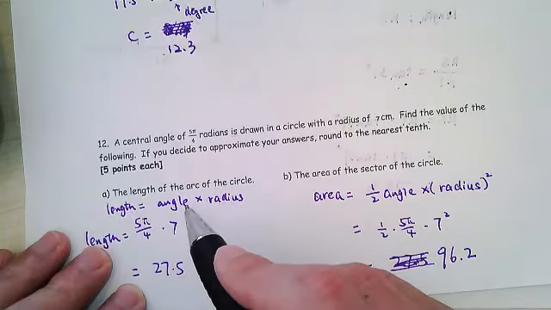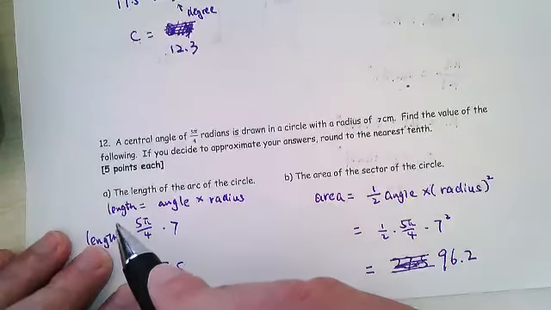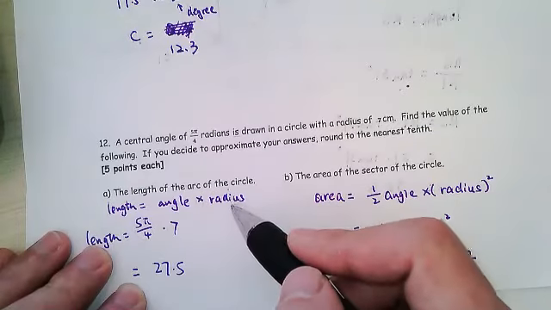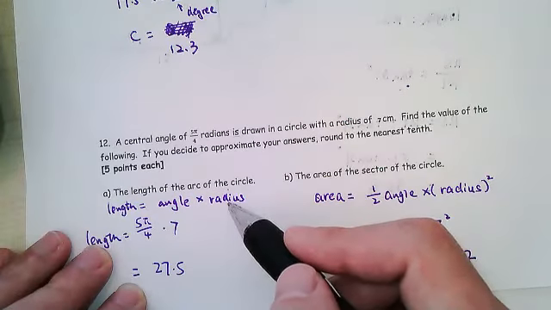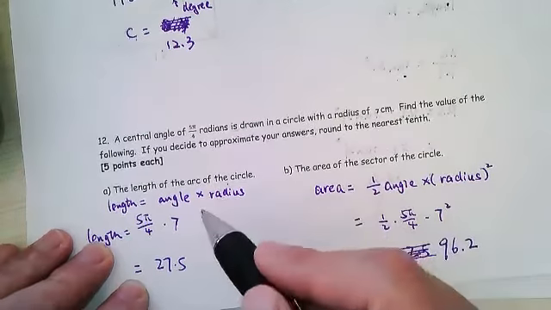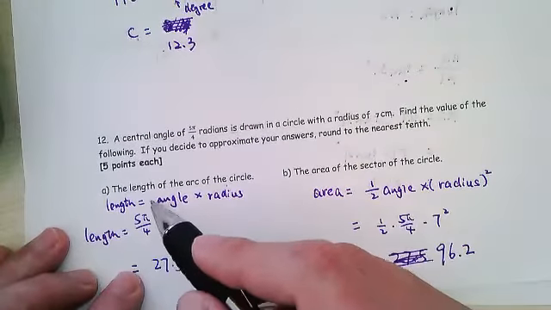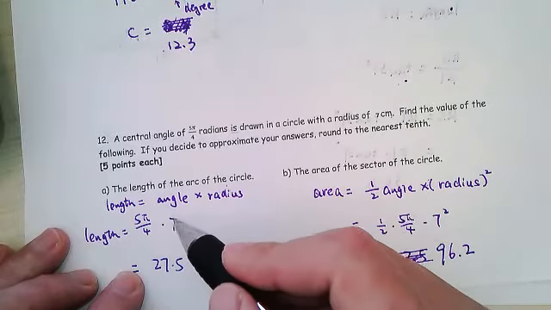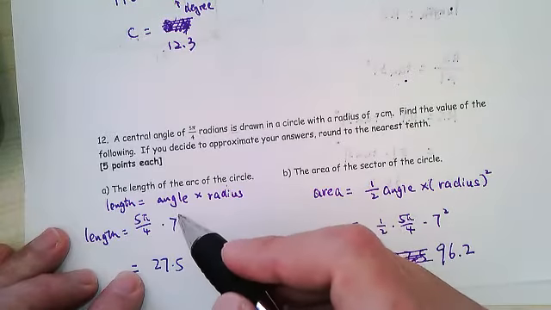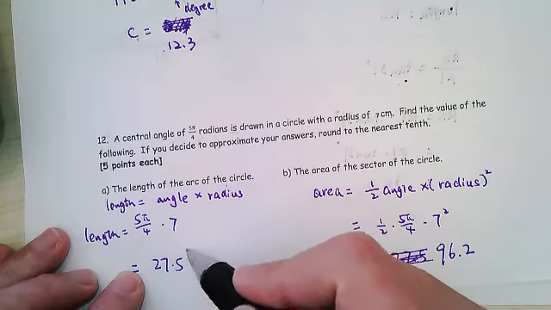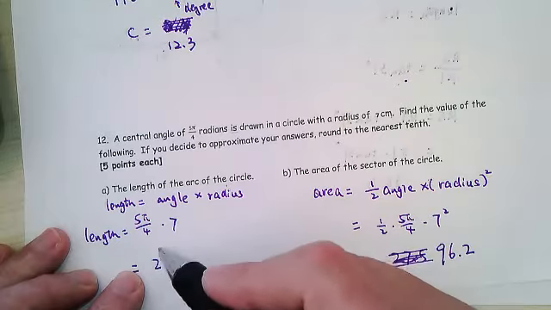The bigger the angle is, the more the length is. The bigger the radius, the more length you have on the arc. So the length is just the angle, which is here, times the radius. If you plug into your calculator, you should be able to get 27.5.